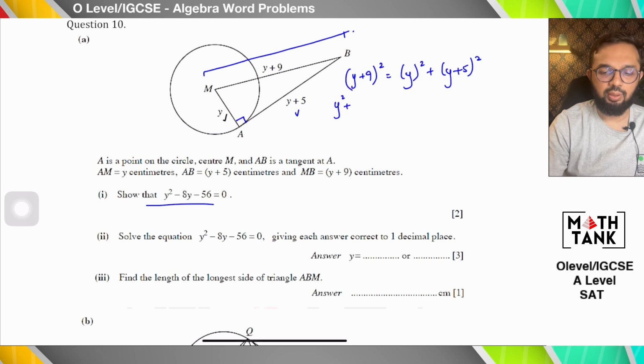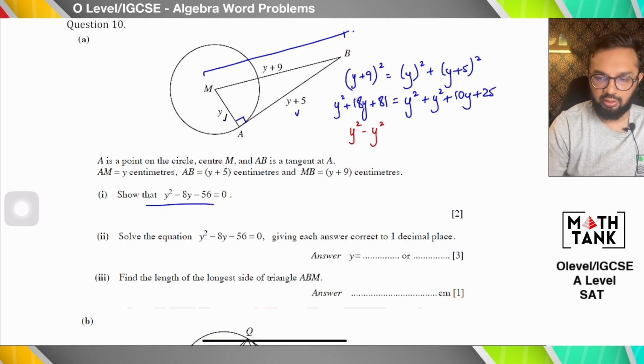So I get y squared plus 18y plus 81, equals y squared plus y squared plus 10y plus 25. Okay, so y squared minus y squared... Oh, okay, there are two y squares.